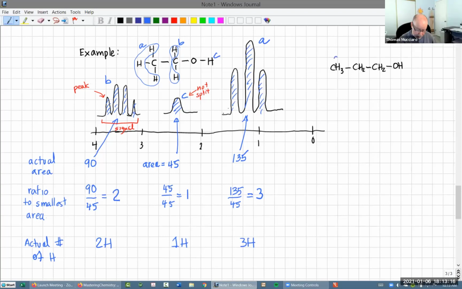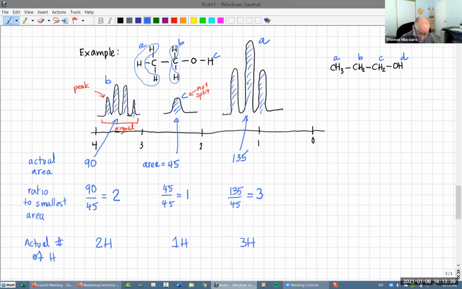That's correct. So we would have A, B, C, and D. And those will also have different signals on the NMR that will show up. They'll come at different locations because their electron densities will be different. And they'll be split differently.